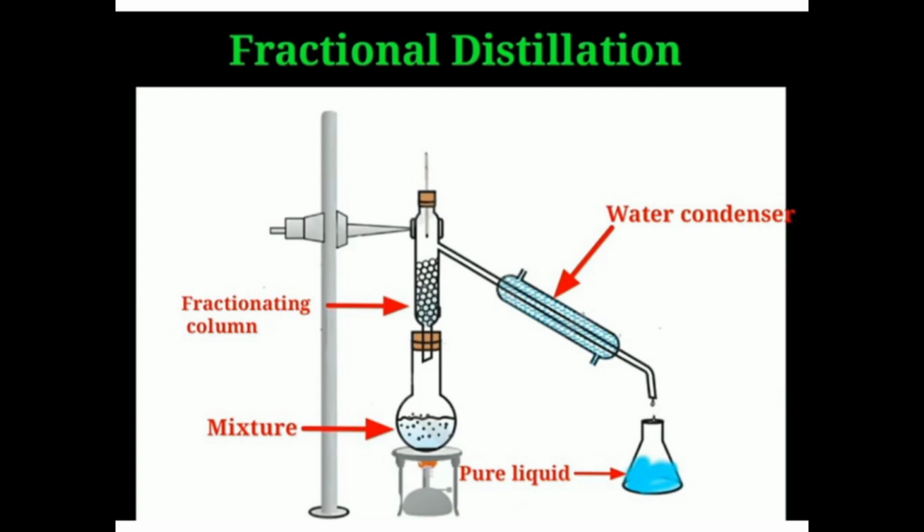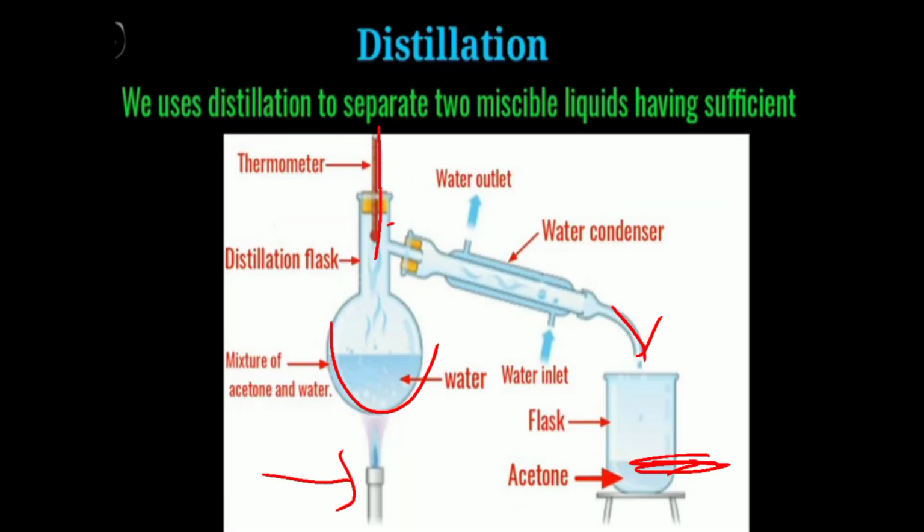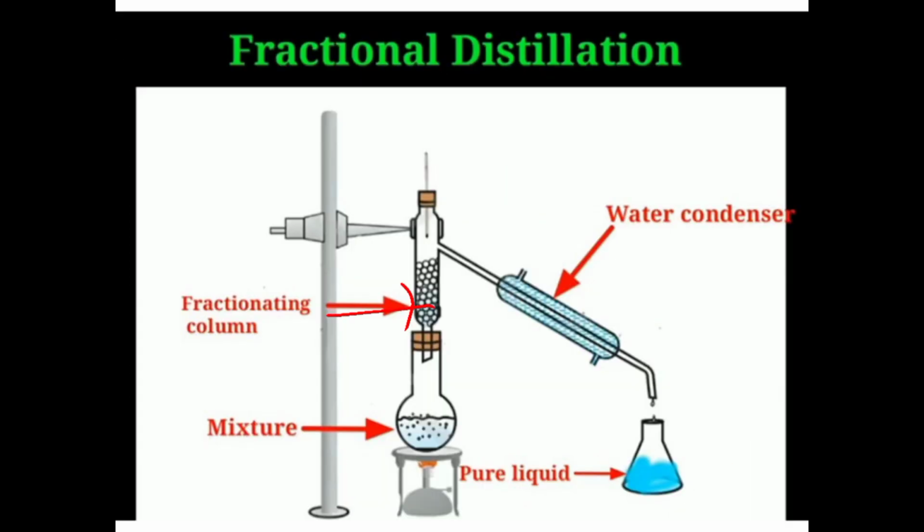The apparatus is similar to that we studied for distillation, except the difference is that a fractionating column is fitted in between, which was not present in the simple distillation technique. Between the distillation flask and the condenser, a fractionating column is there.